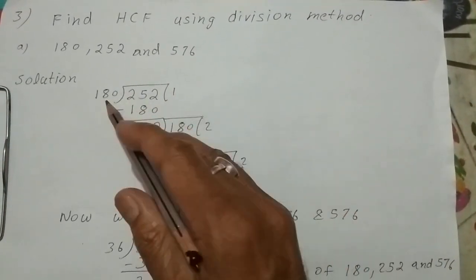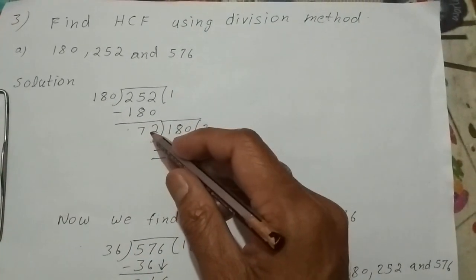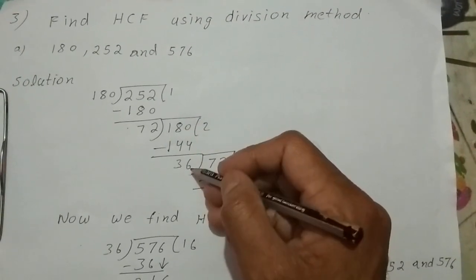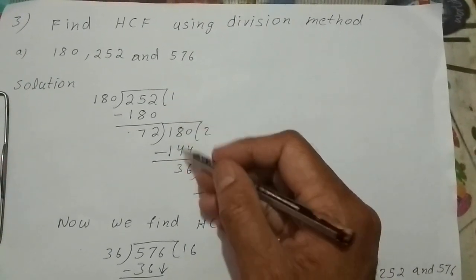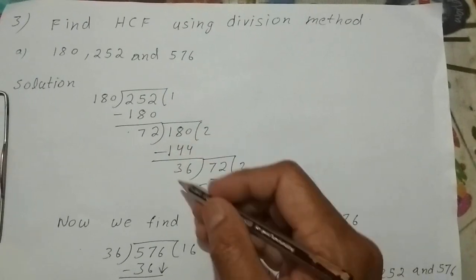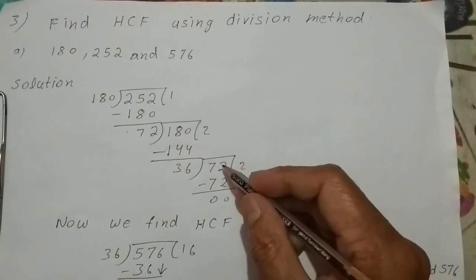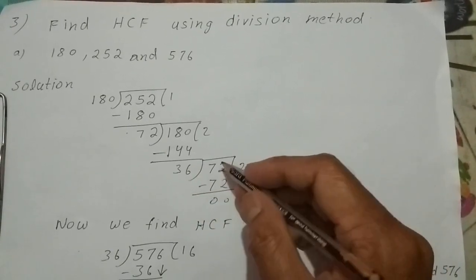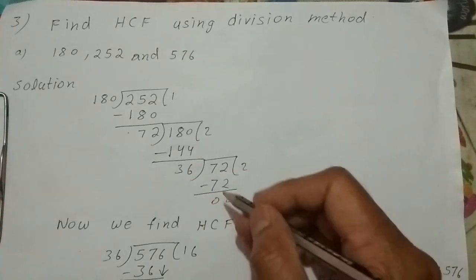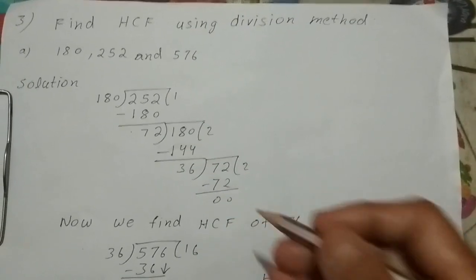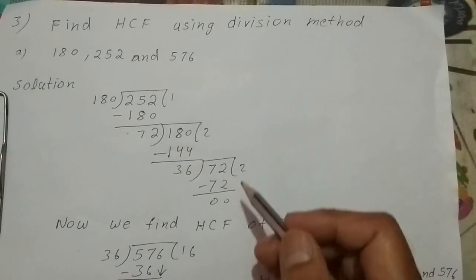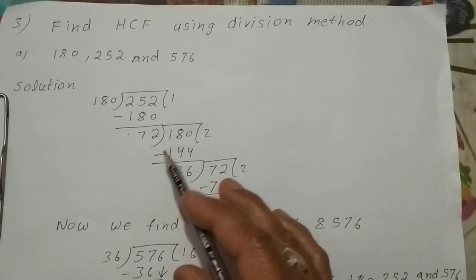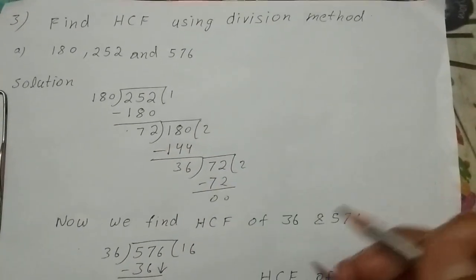Now we divide the divisor 180 by this remainder 72: 72 into 2 is 144, remainder 36. Now we divide this divisor 72 by this remainder 36: 36 into 2 is 72, remainder 0. So we have got the HCF of 180 and 252 as 36.